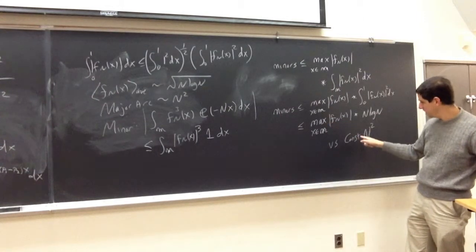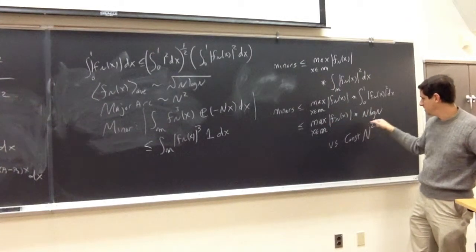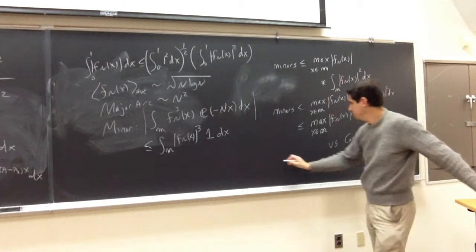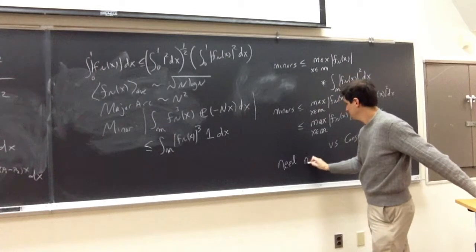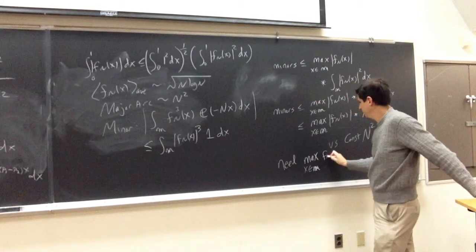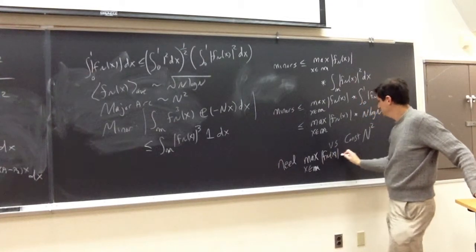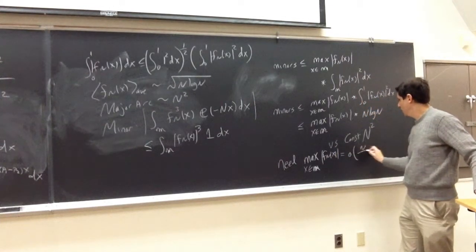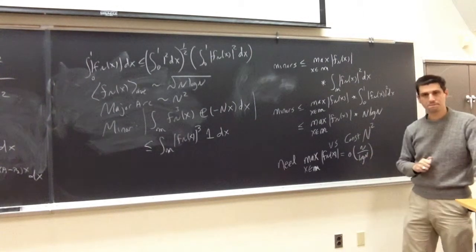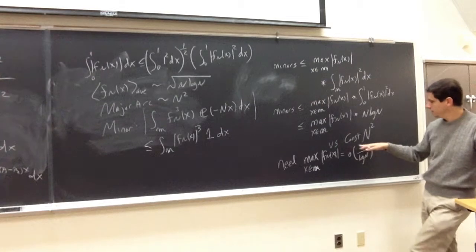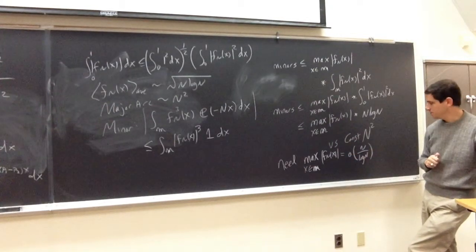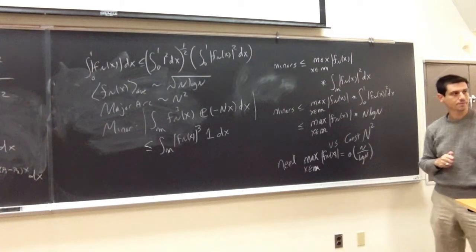The maximum value had better be a constant times n divided by a little bit more than log of n. So we need the maximum of x in the minor arcs of f_n of x to be little o of n over log n. And that just means if you take the ratio of that to this, it's going to tend to 0. It's growing slower than n over log n.